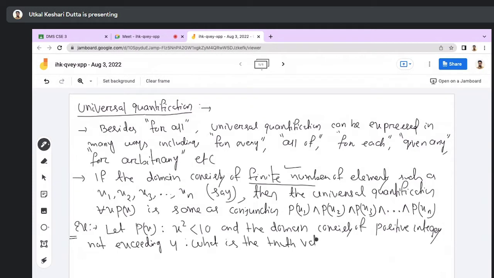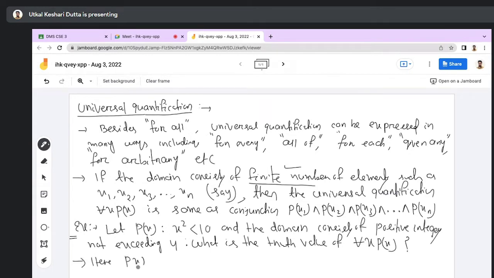What is the truth value of the universal quantification for all x, P of x? Then tell me, this will be true or false? So false. It will be false, because when a universal quantification is false, if you are getting an element in the domain for which the given predicate is false, then the whole universal quantification will be false.